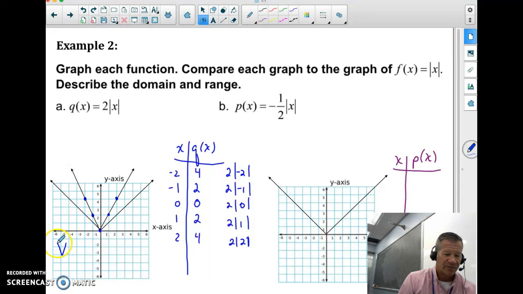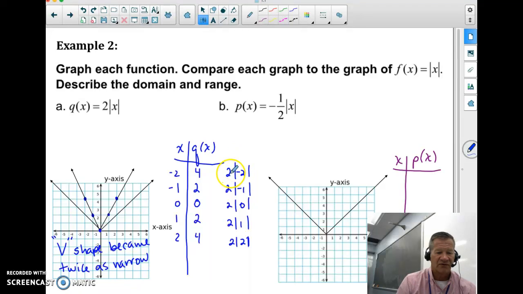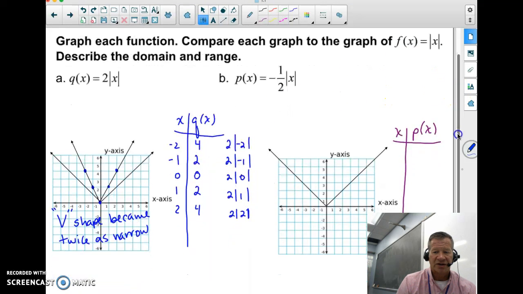So the V shape, I'm going to put it in quotes, became narrower. And we can be specific, it became twice as narrow. Okay, instead of going up 1 over 1, it went up 2 over 1. Now, what about domain and range again? Well, domain is the same as it's always been.